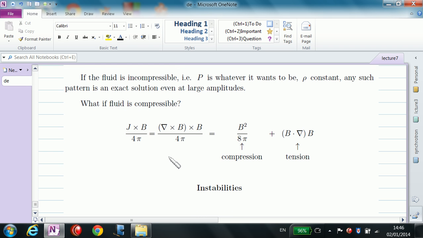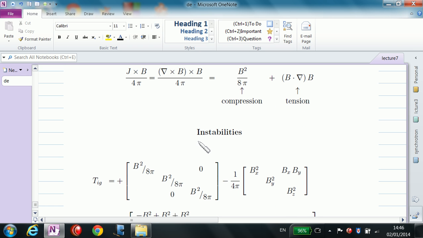Now, what if the fluid is compressible? I guess I don't have a general answer here.